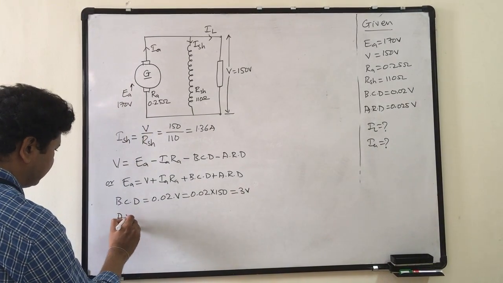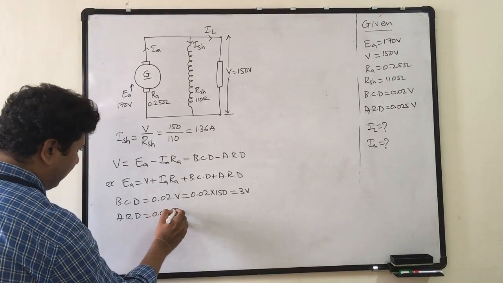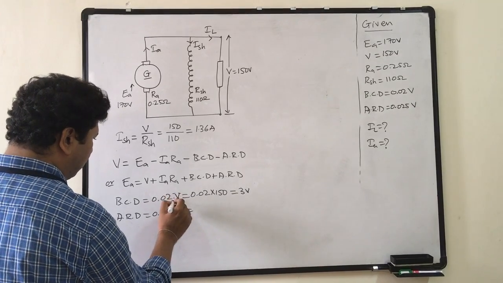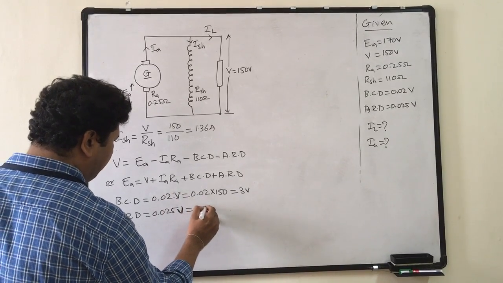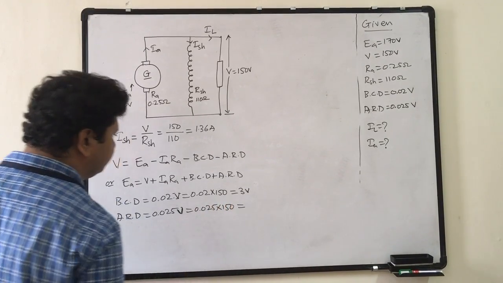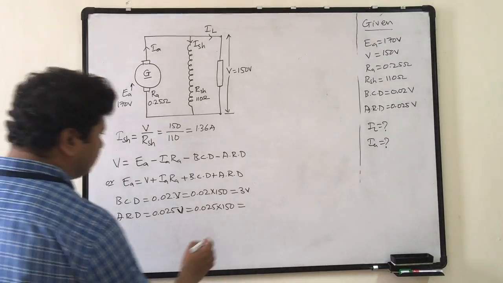And armature reaction drop is 0.025 into V, so 0.025 into 150, it is 3.75.